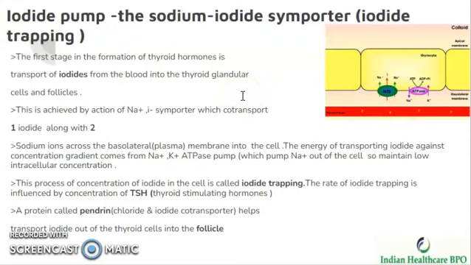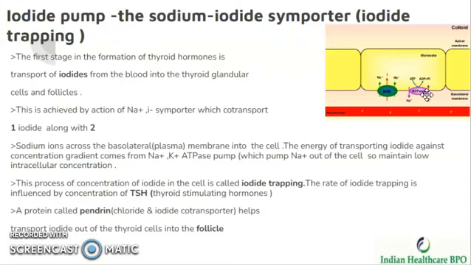The energy for transporting iodide against the concentration gradient comes from the sodium-potassium ATPase pump, which pumps sodium out of the cell to maintain a low intracellular concentration. This process of concentrating iodide in the cell is called iodide trapping.